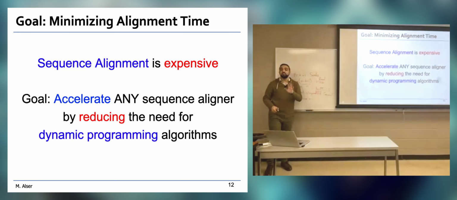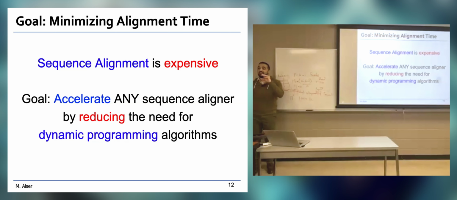We are not going to play with or alter the algorithm itself, okay? We're not going to touch the dynamic programming. We're not going to reduce the number of cells in the dynamic programming table as we did before. We're just going to decide, do we need to perform sequence alignment or not? That's it. By doing so, we are reducing the need for this computation.